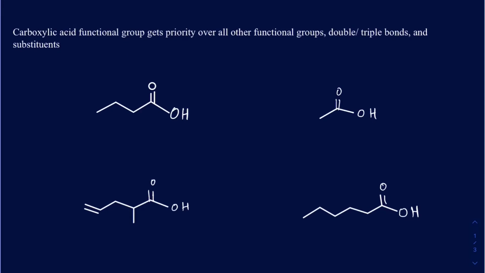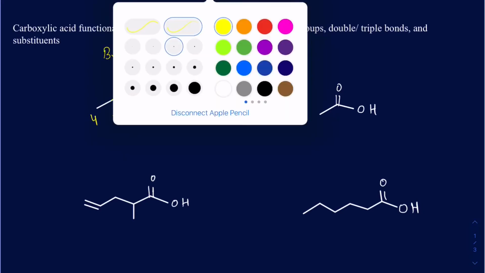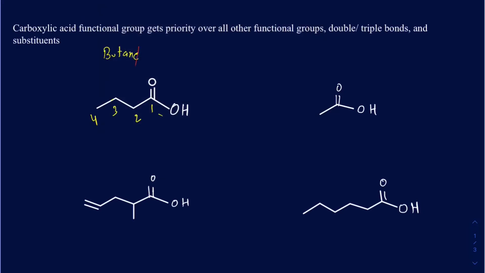In the first case, if I look here, your longest chain is going to be 1, 2, 3, 4. It's a 4-carbon chain, so that means the parent is butane. Since there is a functional group, the carboxylic acid, once you figure out your parent chain, in this case butane, the E gets replaced by oic acid.